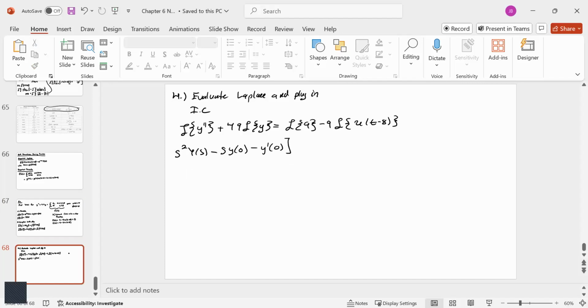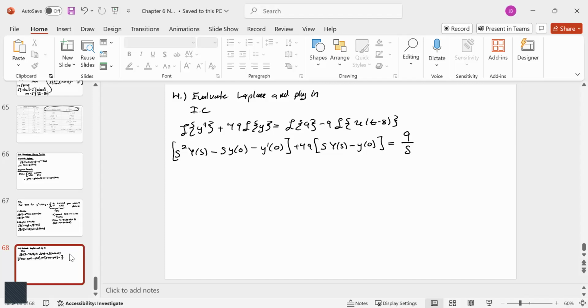So we have the second derivative, and then we have, that's not correct, Y of s minus y of 0, equal to the Laplace transformation of 9, or any constant, is that constant over s, so 9 over s, not to be confused with an a.